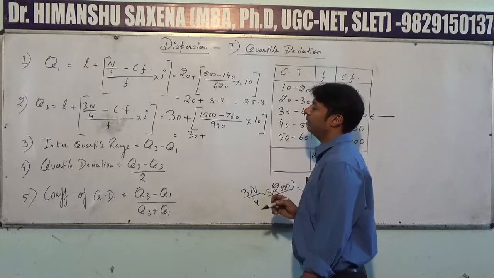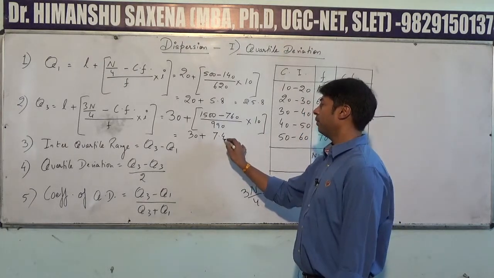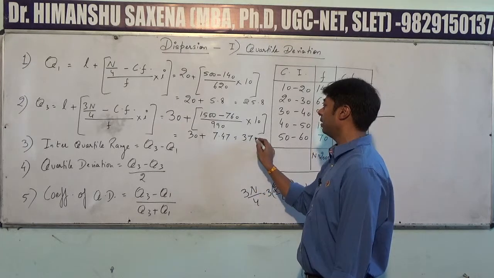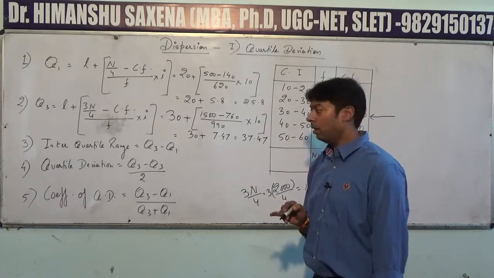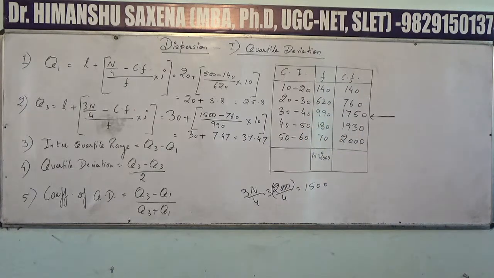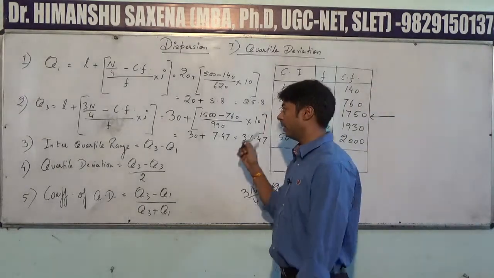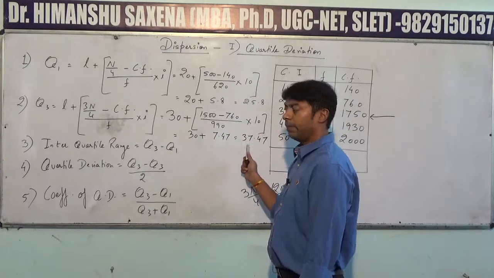1500 minus 760 is 740, and 7400 upon 990 gives 7.47. So this is 37.47. That is the value of Q3. Please check it, everyone, to see whether the answer is correct or not. 37.47. Okay. So now we have Q1, we have Q3.